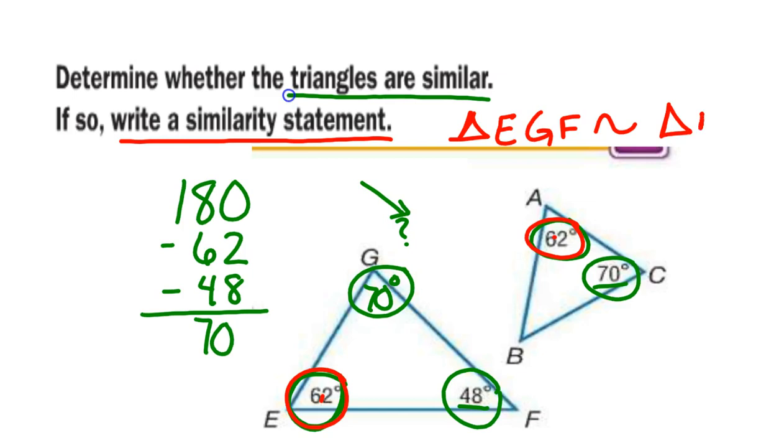So A, because that was both 62 degrees, and then G was 70, so I'll put C next because that one was 70, and B would go there because that one would have to be 48 degrees. So there's my similarity statement, where I put the angle measures that are the same in the same order after writing my little triangle symbol.